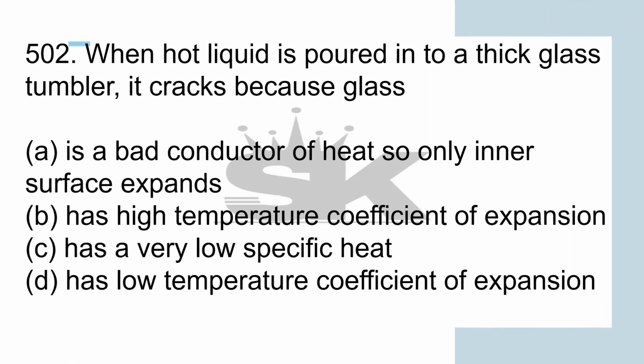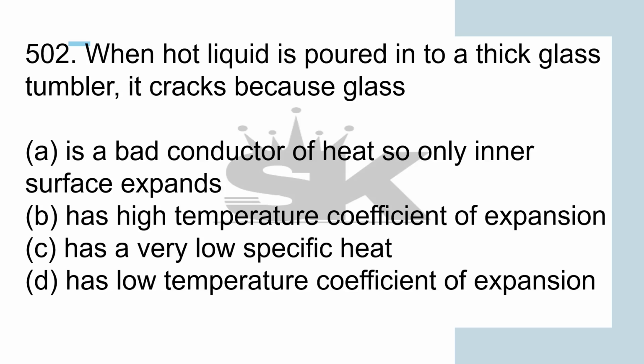When hot liquid is poured into a thick glass tumbler, it cracks because glass is a bad conductor of heat. When you pour a very hot liquid into a thick tumbler, the surface of glass that comes in contact with the hot liquid heats up and expands as per its coefficient of thermal expansion, right?